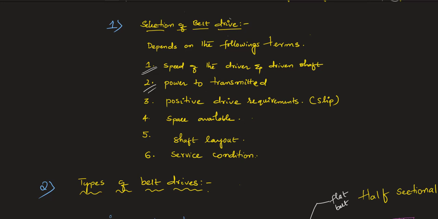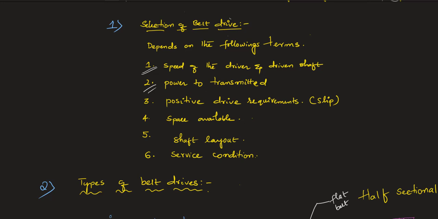Primarily the power is transferred in a belt drive from pulley to the belt and from belt to another pulley. When it is transferred from pulley to belt, the main means by which power is transmitted to the belt is friction. Since they always have a relative motion, wear and tear of the mating surface will take place, and that causes an increase in slip.